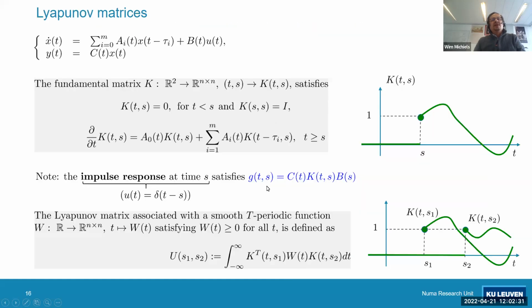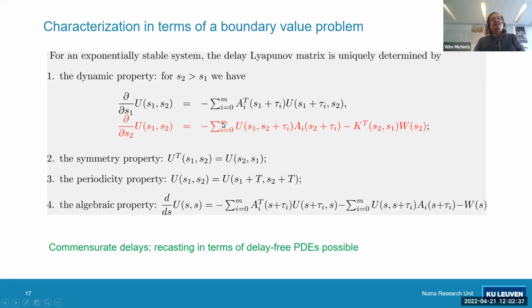And what can be shown is that this quantity, the function U that depends on two variables, S1 and S2, satisfies the following properties: some symmetry property, a periodicity property, and it also satisfies two advection PDEs, describing propagation in the S1 direction and the S2 direction, and also some algebraic property.